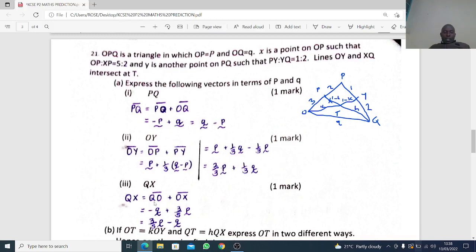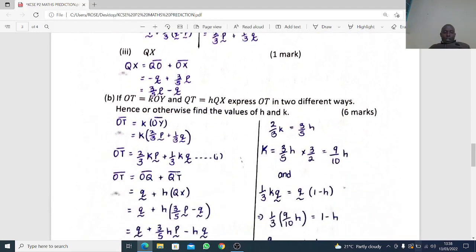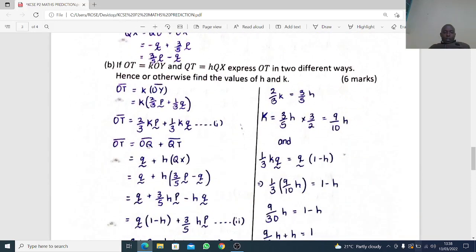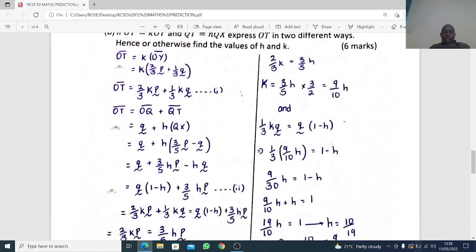QX we know is here, 3 over 5 P minus Q. Then we open it: Q plus 3 over 5 HP minus HQ. Like terms, this Q and this Q, we factor out, it will be Q into 1 minus H plus 3 over 5 HP. That gives you equation 2.